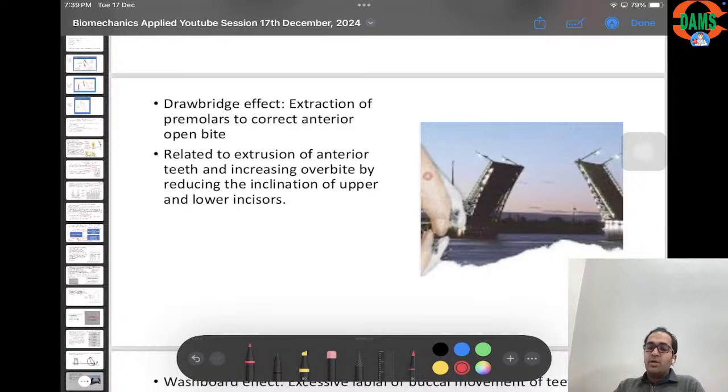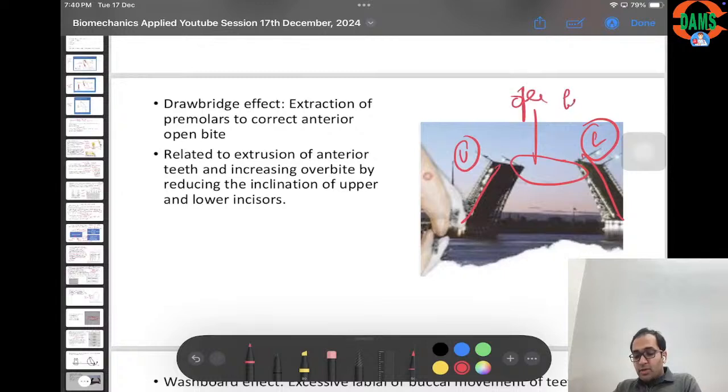So the bite is open. Imagine the two ends of the bridge like the upper and lower anterior teeth, and this is the open bite present here. We extracted the premolars and retracted these anterior teeth like this so as to close the bite.